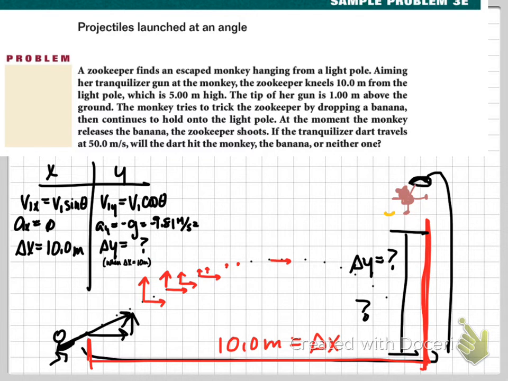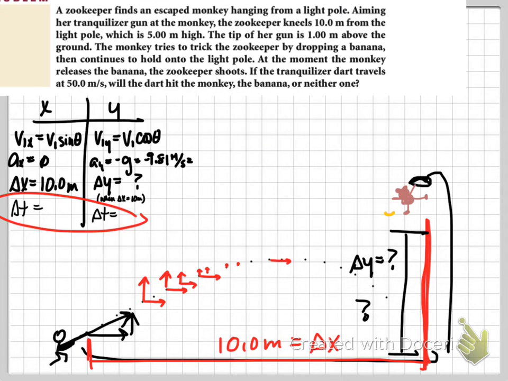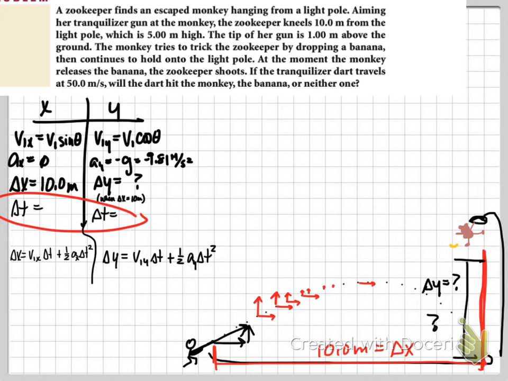Because we can look at overall delta y, we can look at delta y at some point on the x-axis. That's all negotiable. As was the case with the horizontally launched projectiles, time provides the bridge between the two axes. So I've used that same equation that ties displacement, initial velocity, time, and acceleration together for both axes.